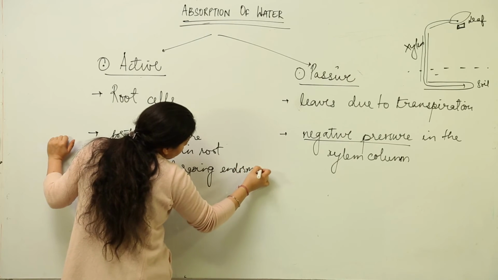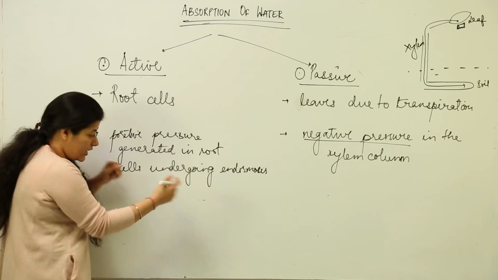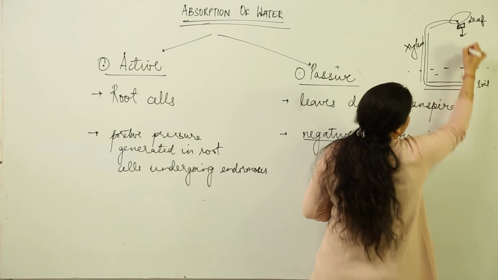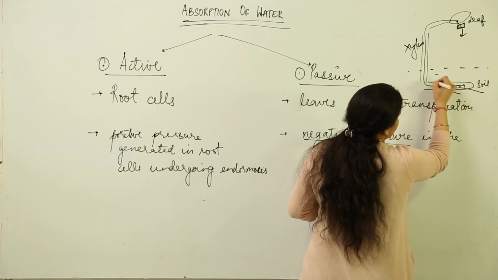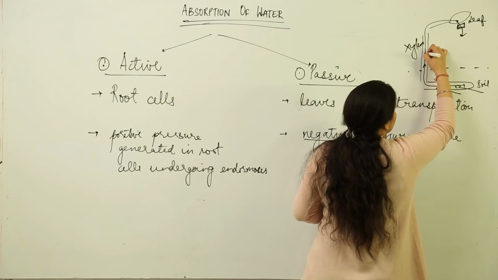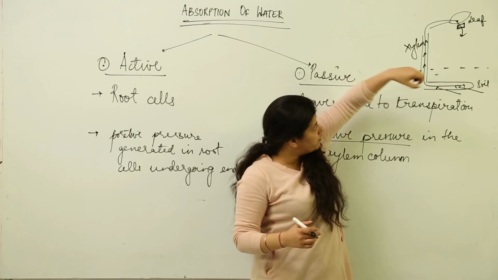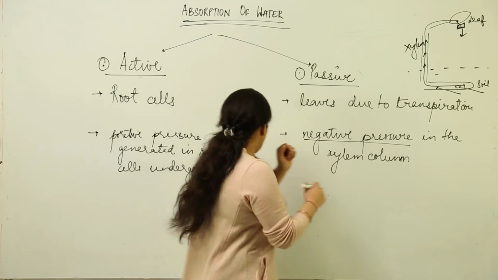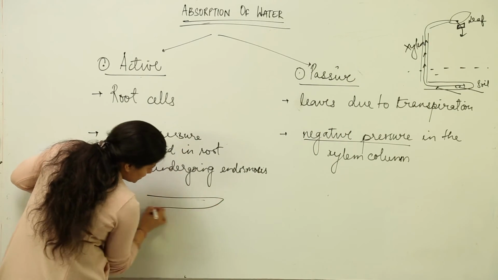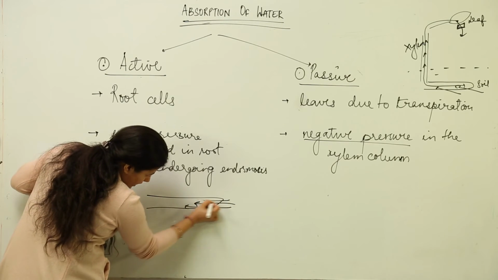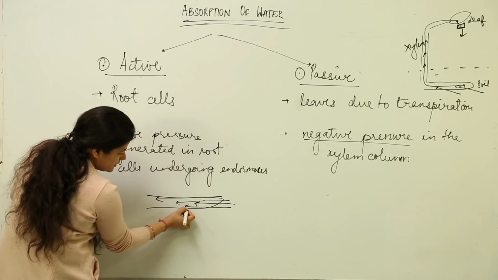That means water would be entering from the soil into the root, while over here this is the movement of water. It is being taken up like this. The negative pressure is being generated like this. The pressure suction is upwards here. In the opposite case, supposedly this is the root, the pressure would be exerted like this.